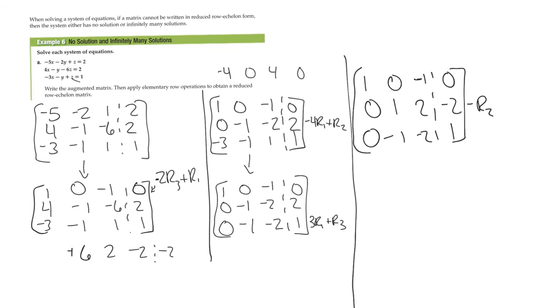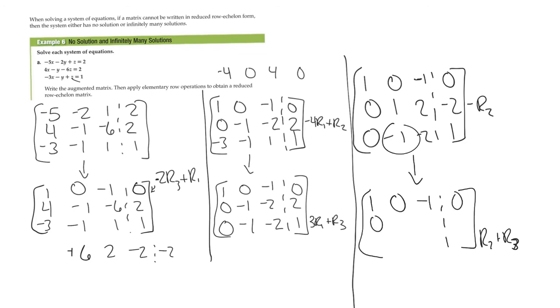Now I need to get this -1 to become a 0. So how do I do that? Well, I'll just go ahead and add my row 2 plus row 3. So that will give that a 0. So 1, 0, -1, 0, 0, 1, 2, -2, 0.